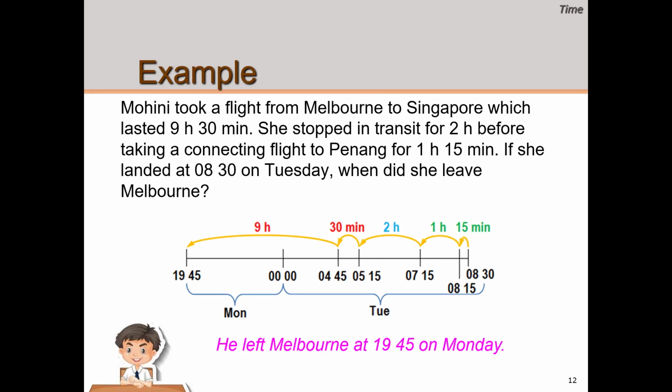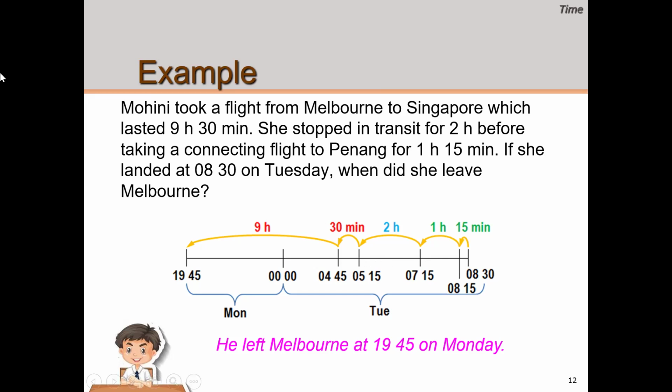Okay, then we'll move back 1 hour 15 minutes. That is 7:15 hours. From 7:15 to 5:15, she took a 2 hour break. She stopped in transit. Then she took 9 hours 30 minutes for the flight.